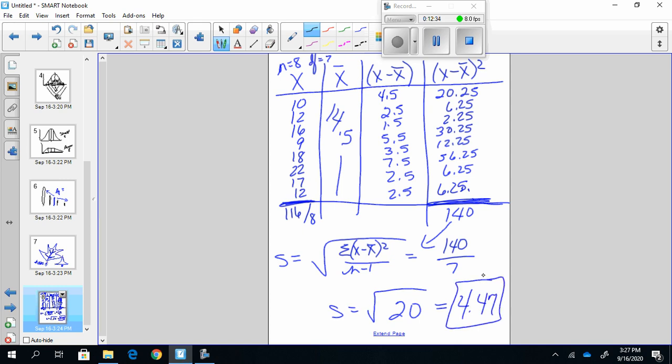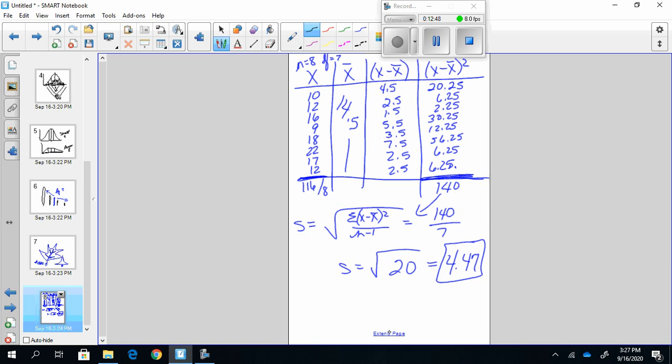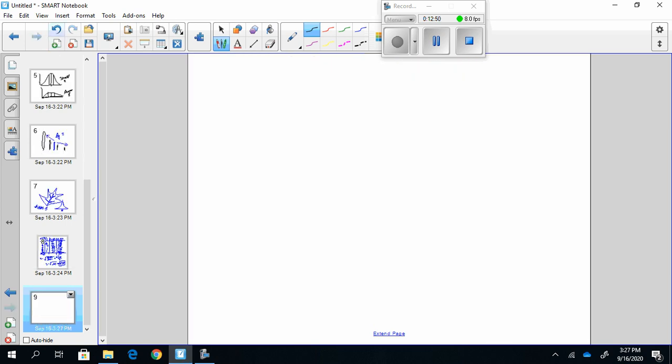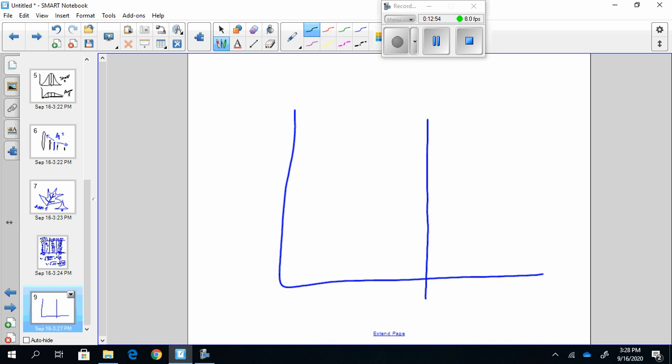And usually anything on AP Bio, they're going to tell you what to round to. They usually tell you to round to the 100th place. So that is how you do all the work out to calculate standard deviation. So what that tells me, if I make a little graph, so my average here is 14.5.